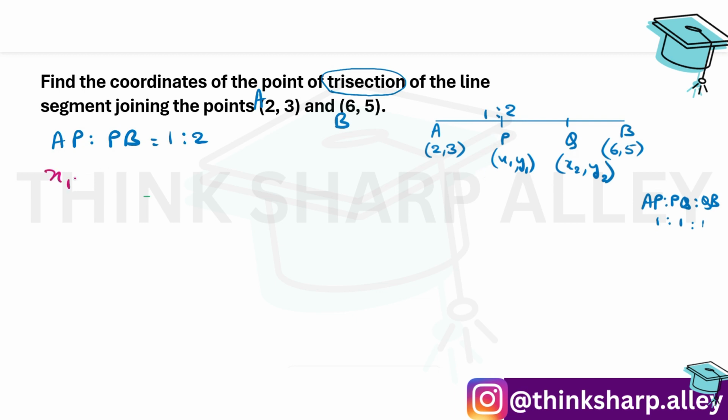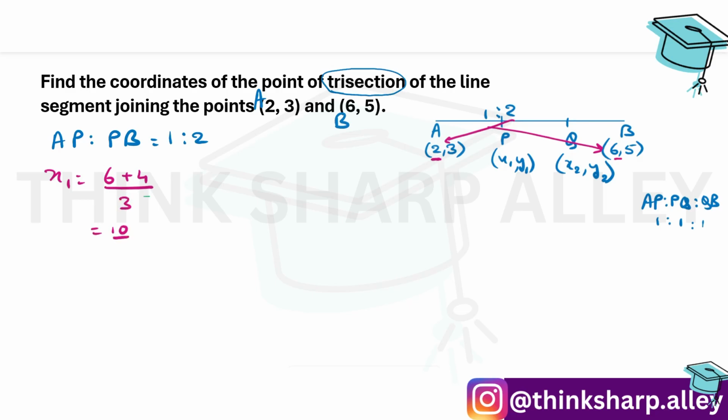So x1 is equal to crisscross, 1 with 6, 2 with 2. So focus only on the x coordinate. So 6 times 1 is 6, plus 2 times 2 is 4, by 2 plus 1, 3.